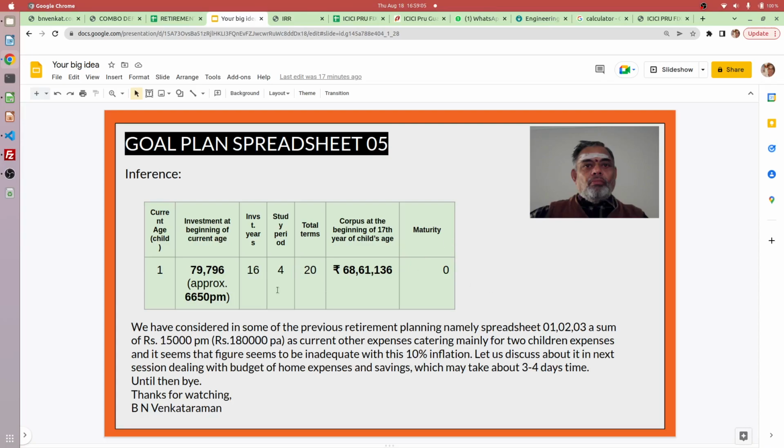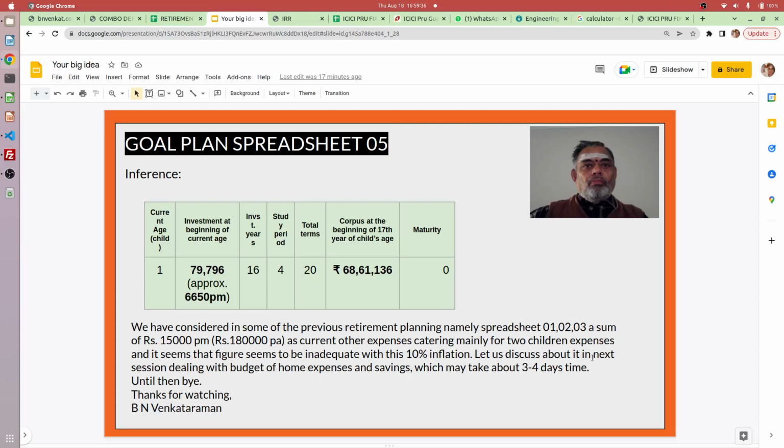The maturity is 0. We have considered in some of the previous retirement planning, namely spreadsheets 1, 2, 3, a sum of rupees 15,000 per month or rupees 1,80,000 per annum as current other expenses, catering mainly for 2 children's expenses, and that figure seems to be inadequate with this 10% inflation.